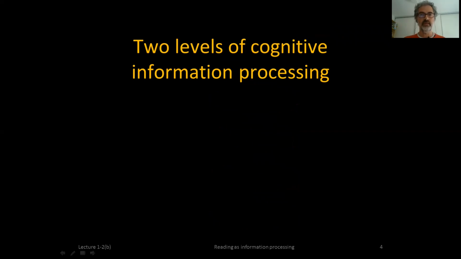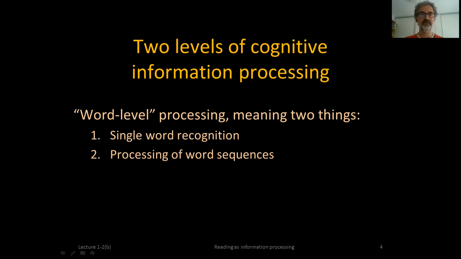The way we conceive of reading after several decades of research involves two different levels of processing. So what do we mean by levels? The first level is called word level. And by talking about word level processing, we mean the recognition of single words. So knowing which word we're looking at when we're looking at it, and also the processing of word sequences.